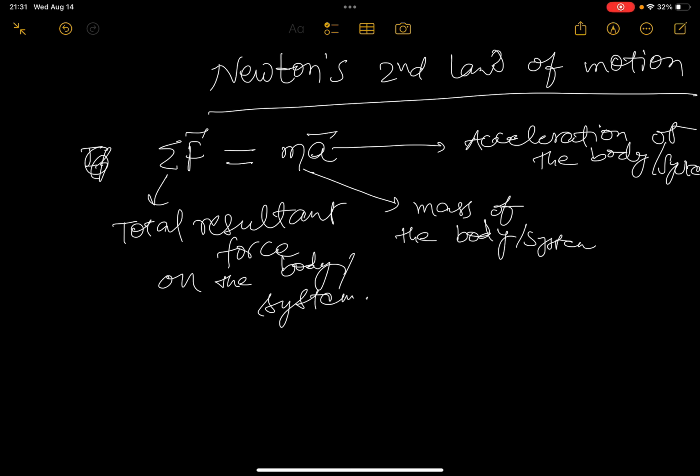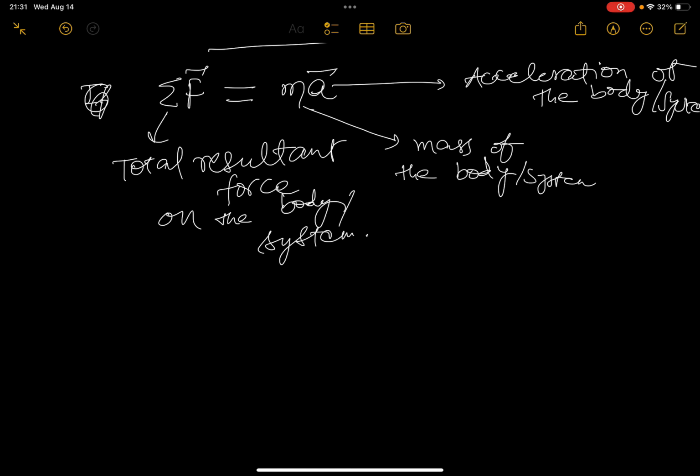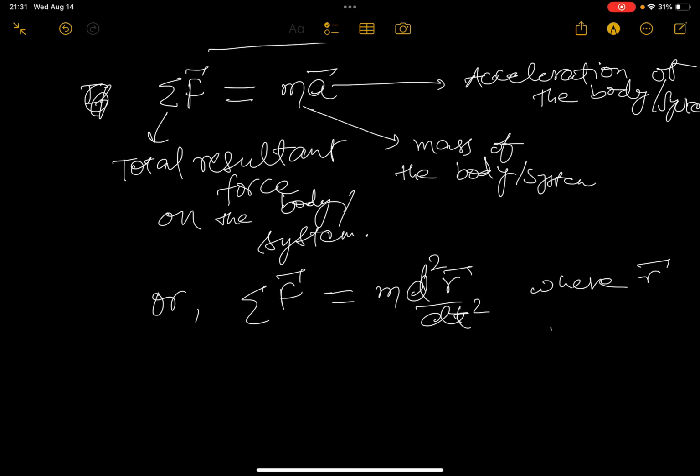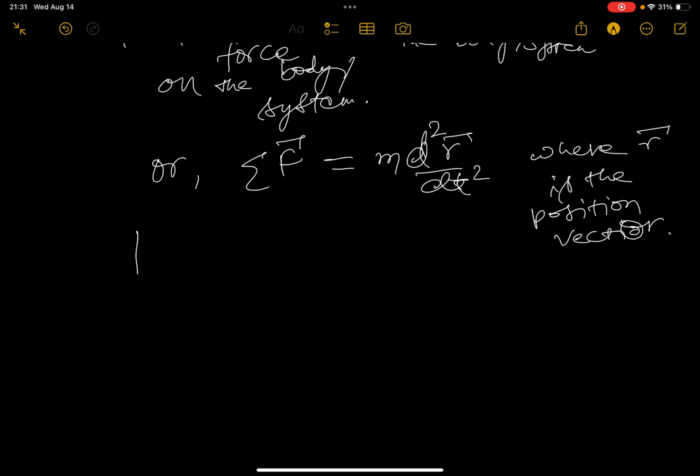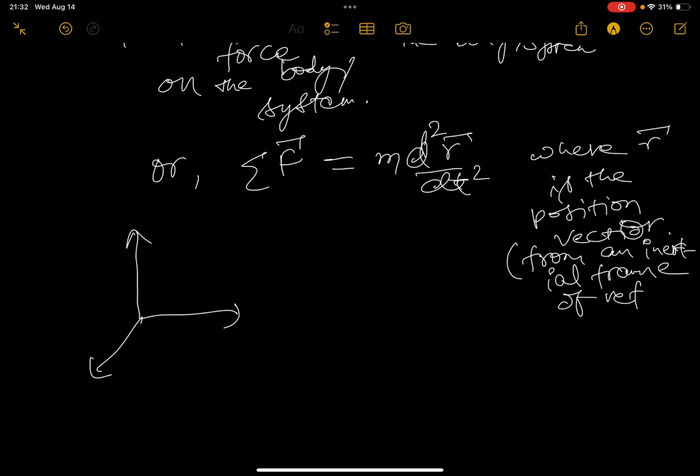So eventually, Newton's second law says that summation F equals m d2r by dt square, where r is the position vector, let's say the position vector from an inertial frame of reference.